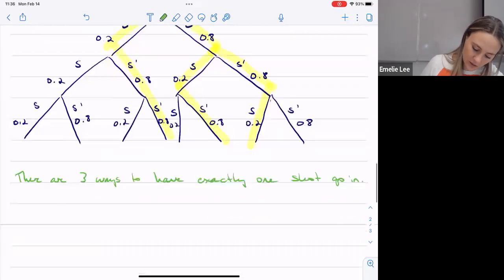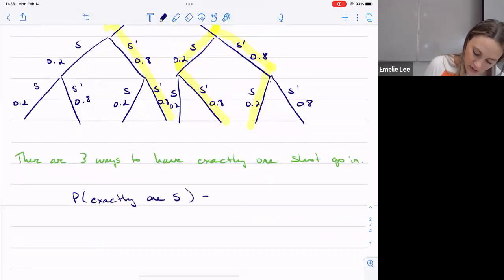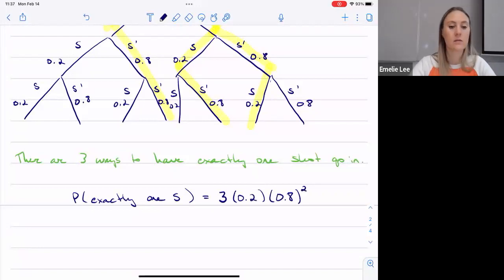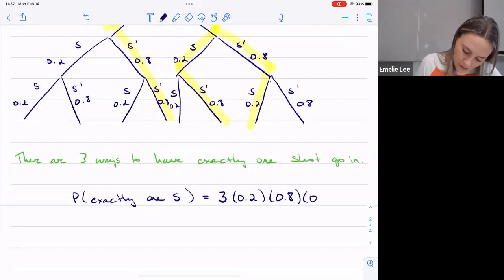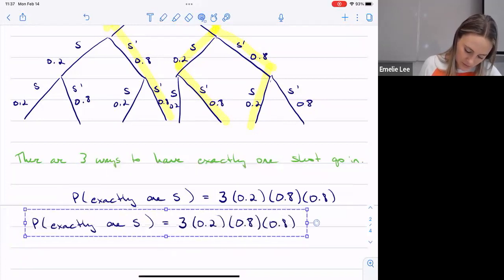right? And so here, the probability of exactly 1 is 3 times 0.2 times 0.8 times 0.8. And then just to have it again on the next page, paste it here.